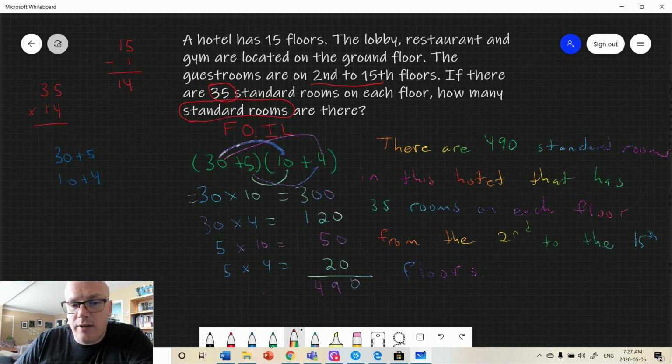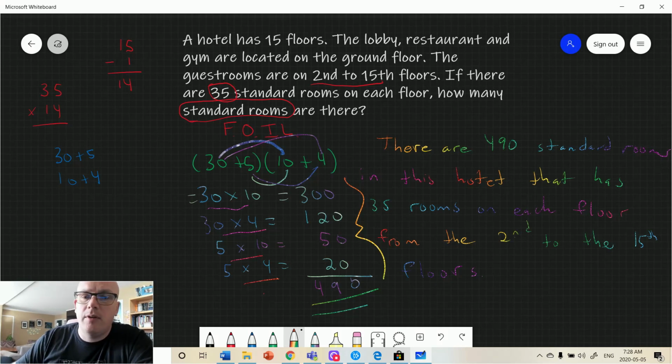First, outer, inner, last. Once we had answers to the first, outer, inner, last, we added up all of those, and we found our sum of 490. Then we wrote a sentence, a complete sentence, that restated the question. And that is how you solve a word problem for multiplication.